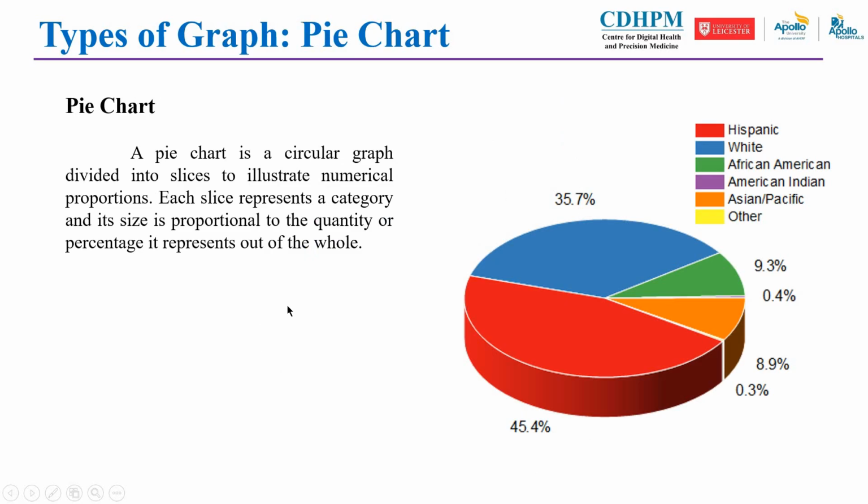Next comes the types of graph. What are the different types of graph? First is a pie graph. You are already familiar with it. It usually represents the proportional distribution of data, and the total of that data has to come to 100%.